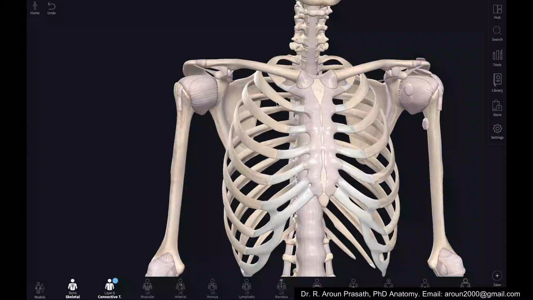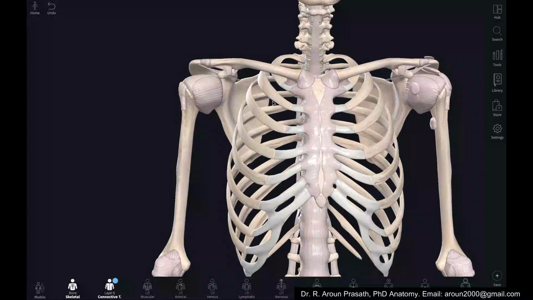Okay, now I am going to tell about the joint range of motion and the muscles that are responsible for these ranges of motion. Okay, so as I told you, the shoulder joint is a very complex joint. The shoulder joint is an example of a ball and socket joint, and there are many movements that can take place in the shoulder.